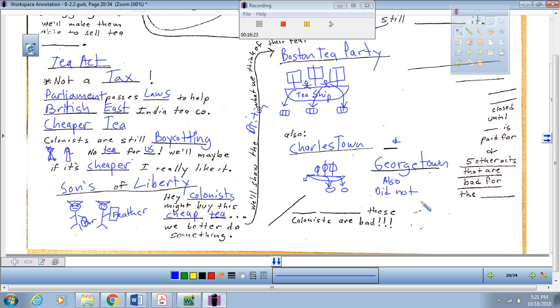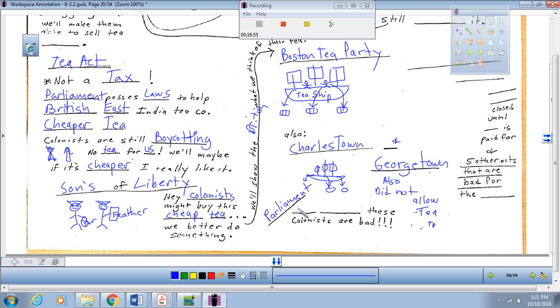Now, the British response to the Boston Tea Party was very harsh. It wasn't violent, but it was a strengthening of the British presence in the colonies, and also economic sanctions of their own.